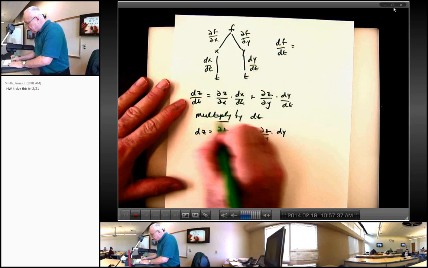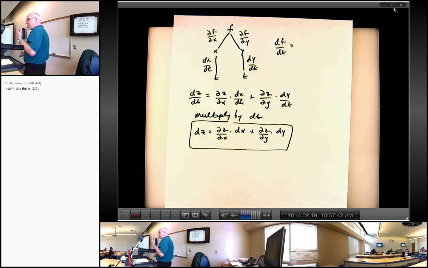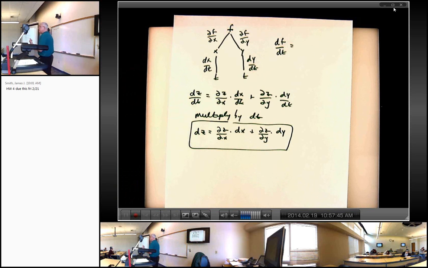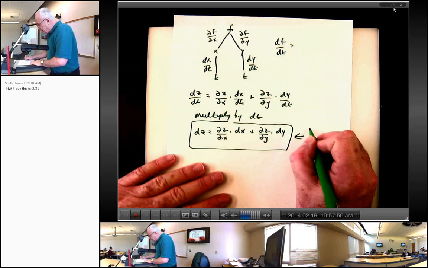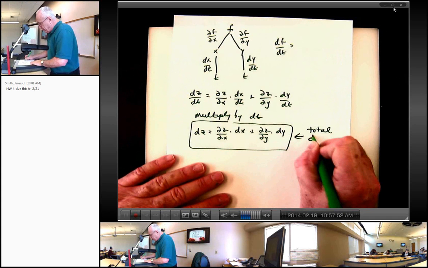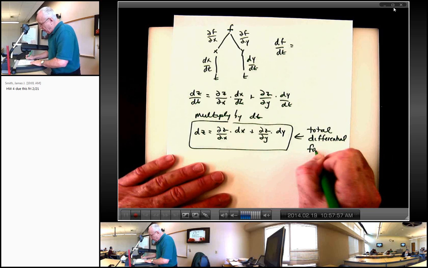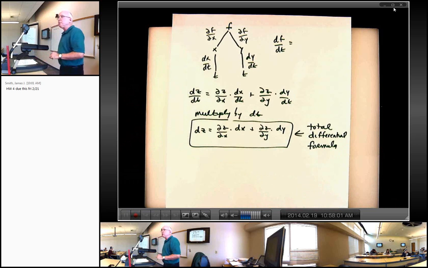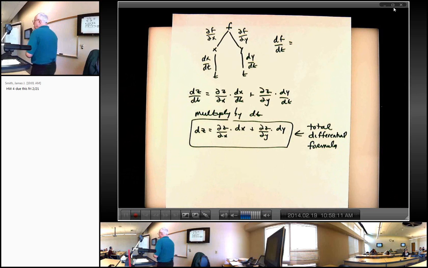And notice this formula right here that we got from doing that, that's the same as the total differential formula that we just had in the previous section. So this becomes the total differential formula just by multiplying everything by dt. Or you could look at it the other way. You could start with the total differential formula, divide everything by dt, and you get the chain rule.